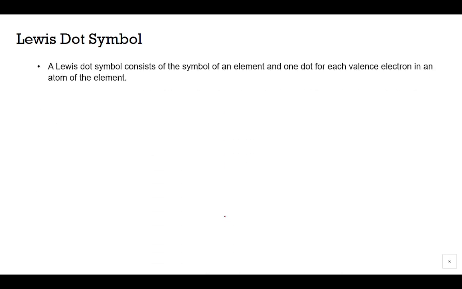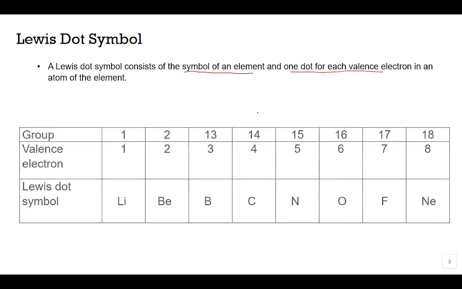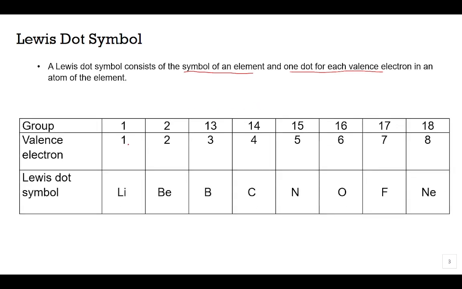Okay, Lewis dot symbol. So a Lewis dot symbol is actually a symbol of element and dot for each valence electron. For example, if we refer to this one, group 1, lithium, there is one valence electron, so you just put 1 here. Let's say you do not want to put it there, you want to put it here, it is also correct. You want to put it at the bottom, also okay, no problem.